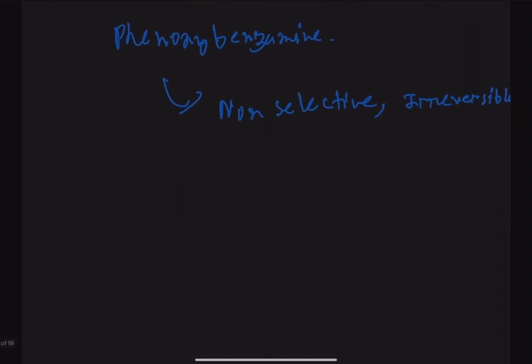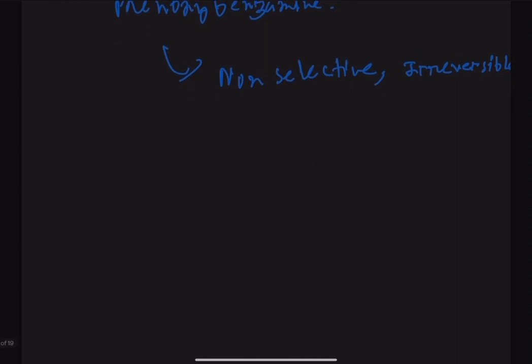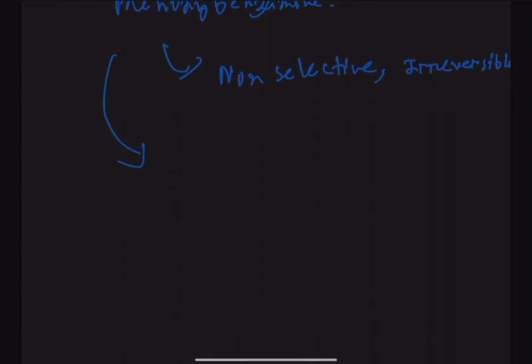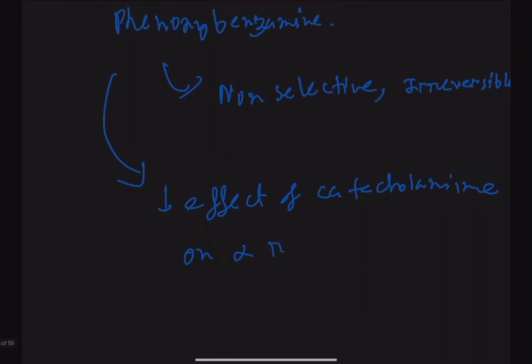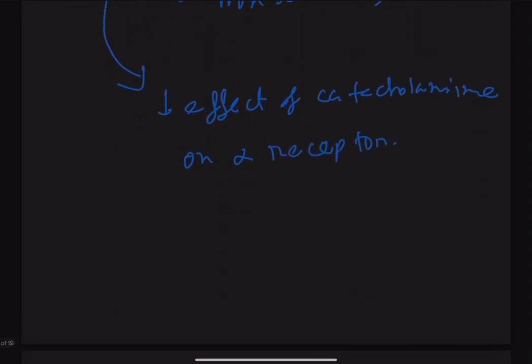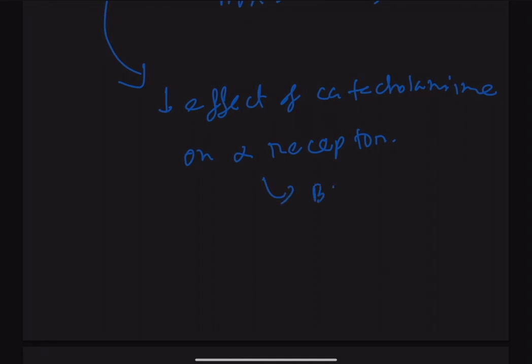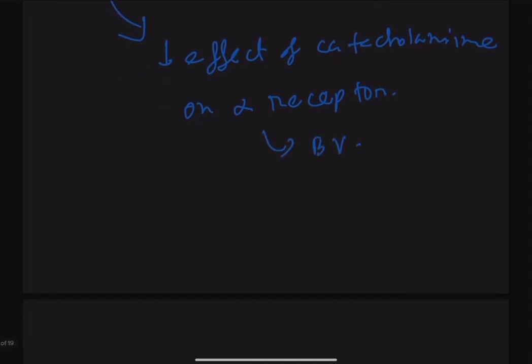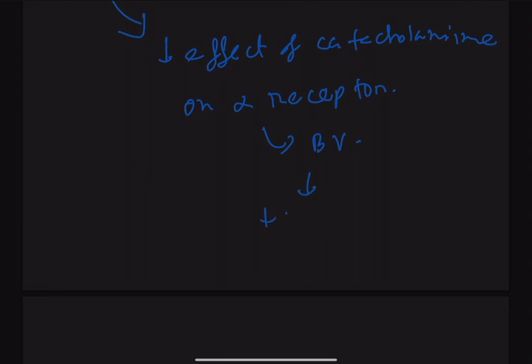Okay, so it's irreversible. And it decreases the effect of catecholamine on alpha receptor, mainly in the blood vessels. Okay, and so it decreases the blood pressure.